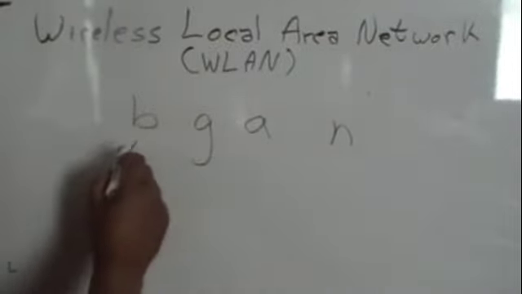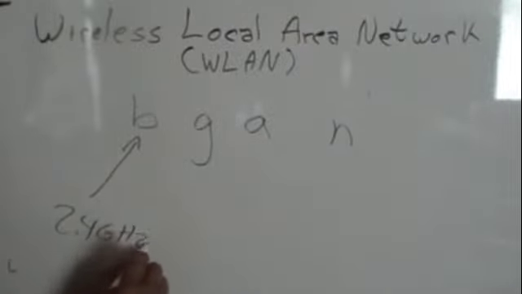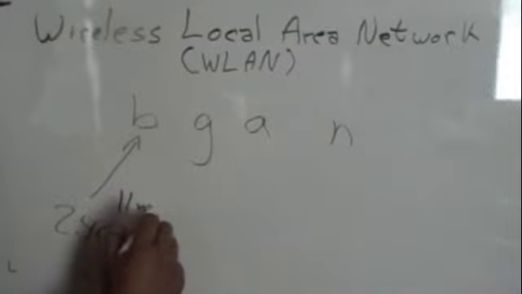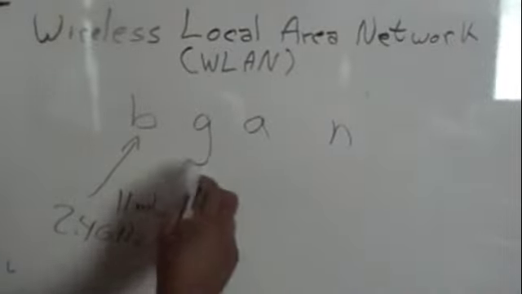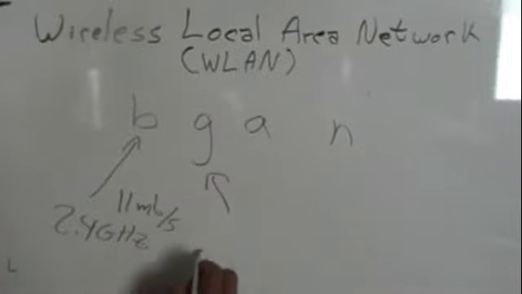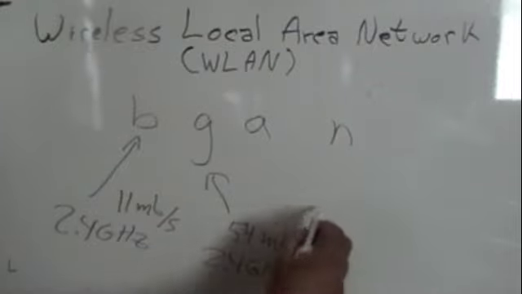For example, B refers to a 2.4 gigahertz signal at an 11 megabit per second rate. G is a 2.4 gigahertz signal at a 54 megabits per second rate.